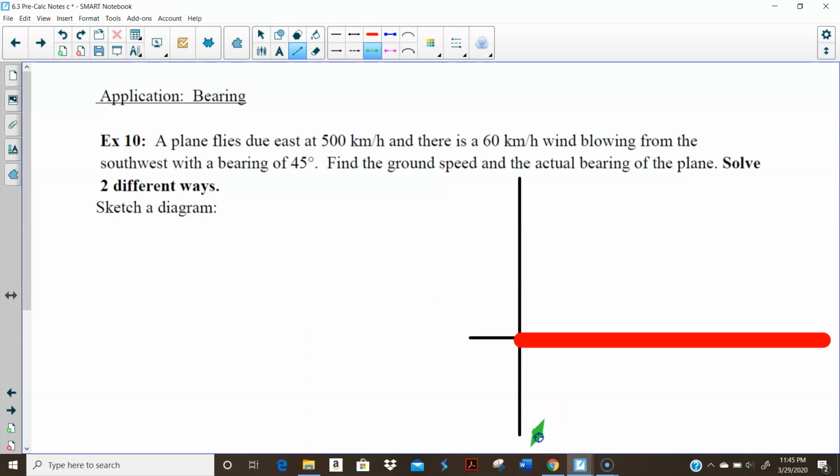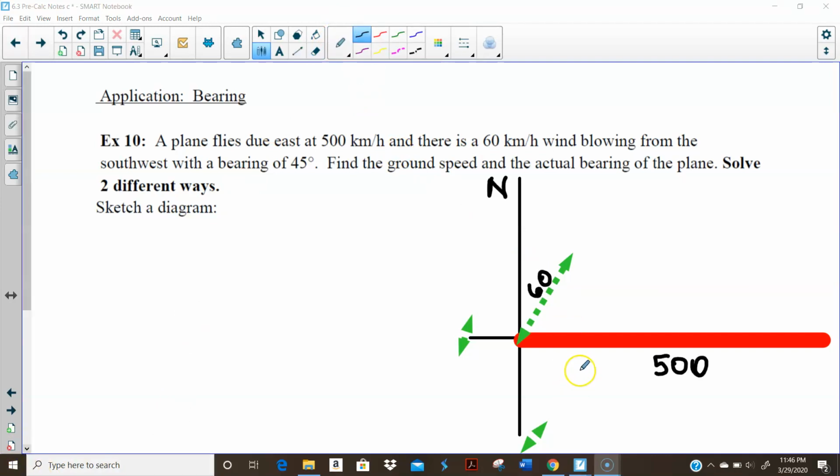So the wind is going to be blowing in this direction. And it says it has a bearing of 45 degrees, and it's going 60 kilometers per hour.